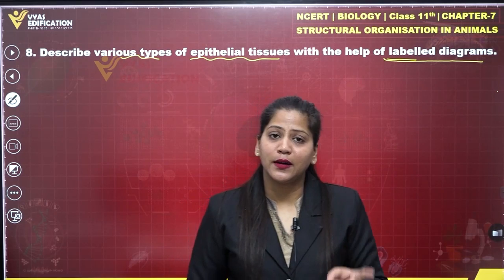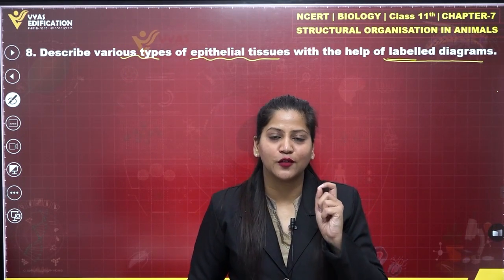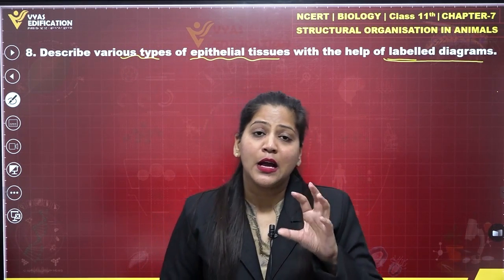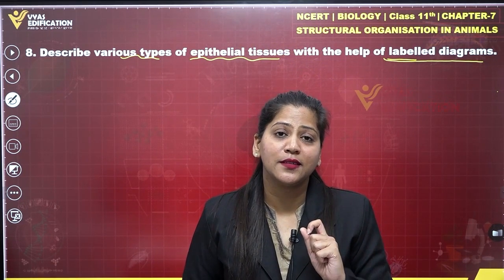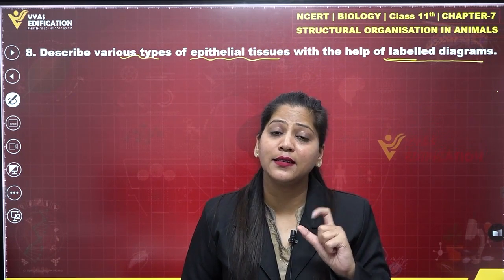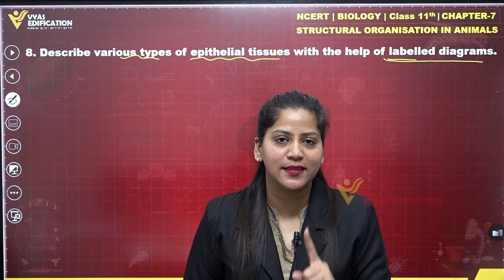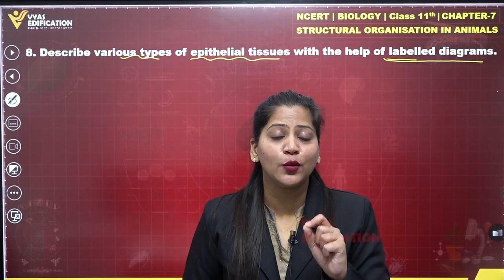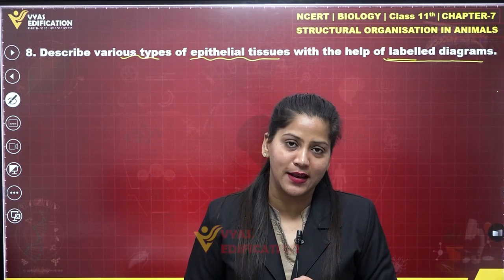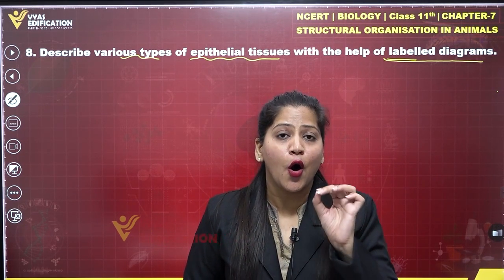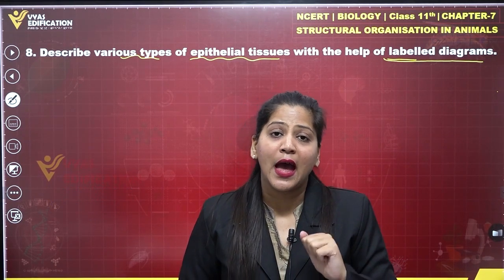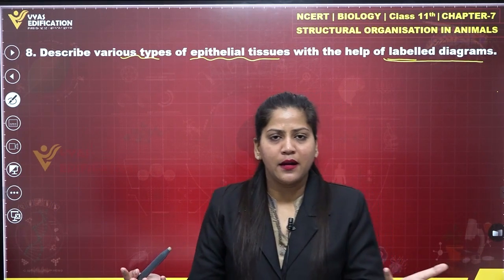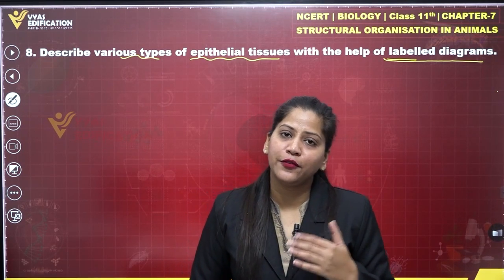Now, moving on to the third type of simple epithelium, that is columnar epithelium. Columnar epithelium consists of long slender cells with the nucleus present at the base of the cells, and they may bear microvilli on their free surfaces.